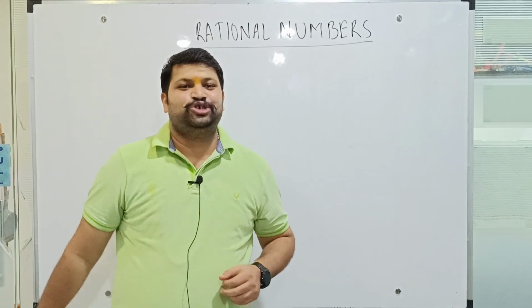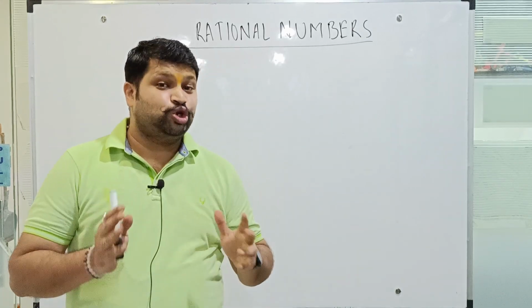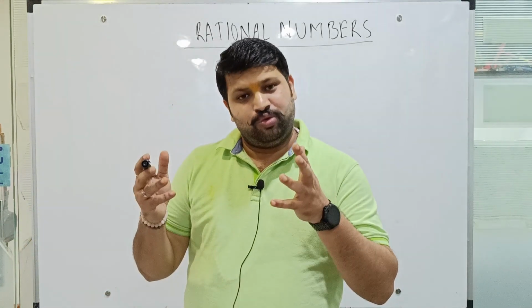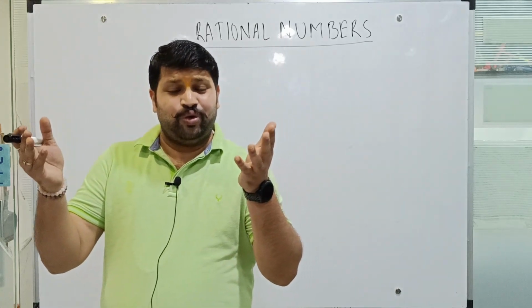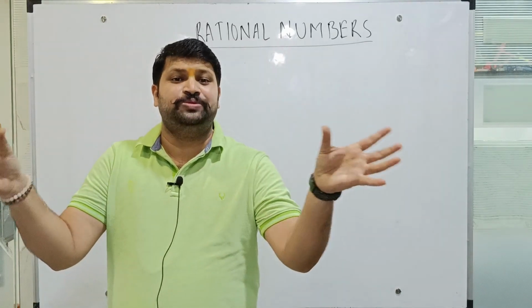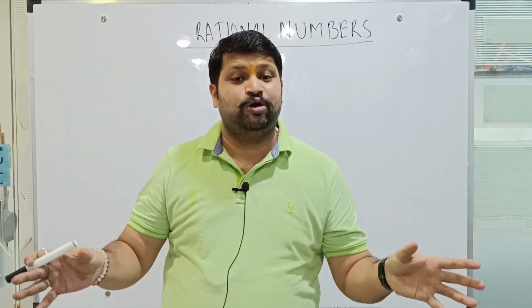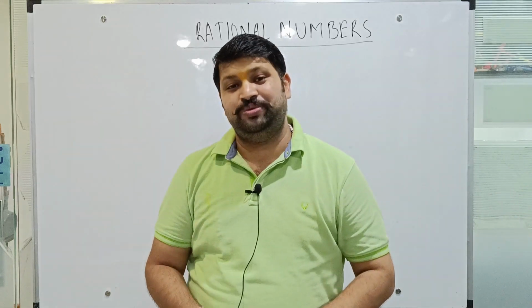Okay guys, so let us go ahead with the next property, that is associativity of rational numbers. Now what does associativity mean? If you add three numbers and group them in separate groups, the final addition should also be the same.